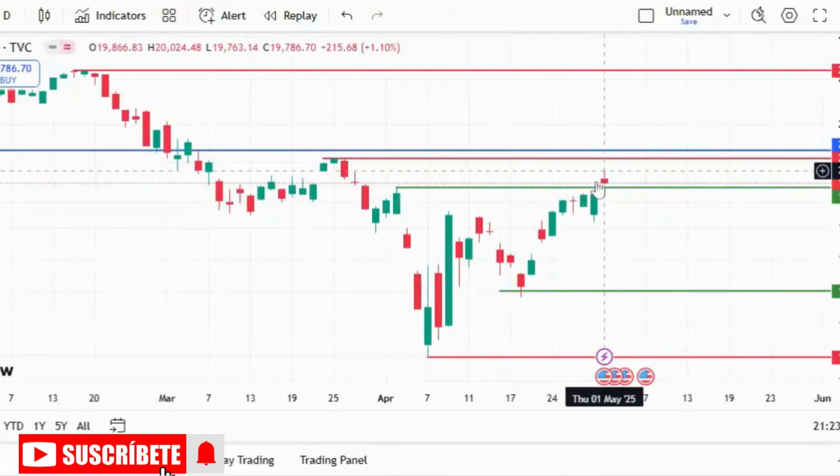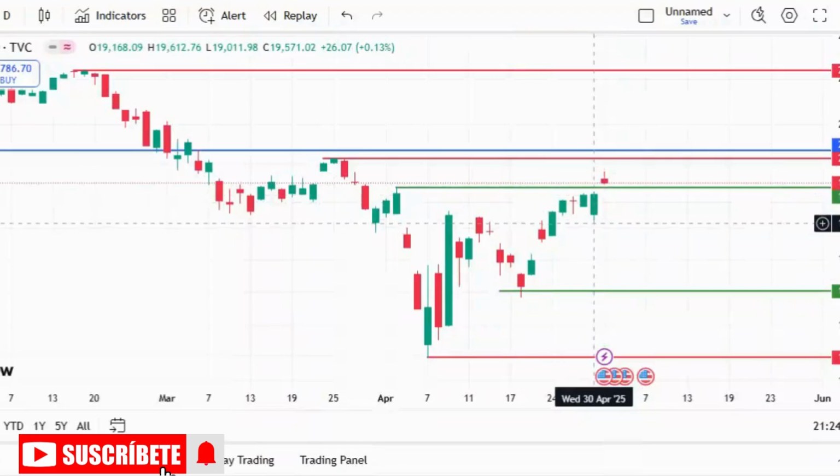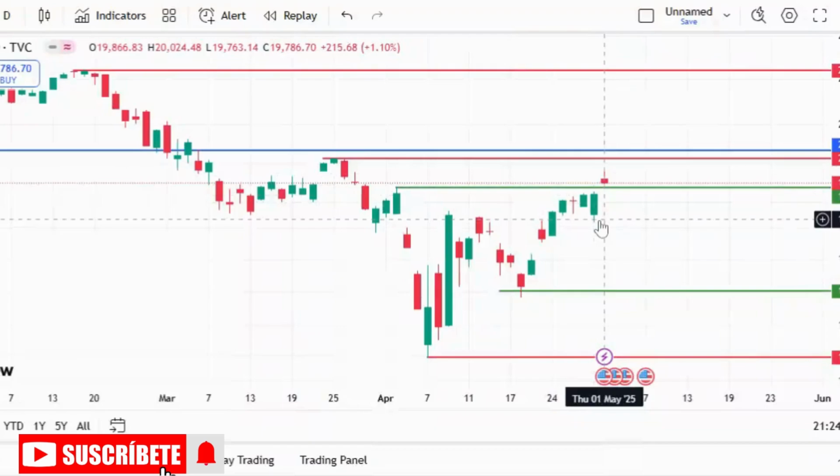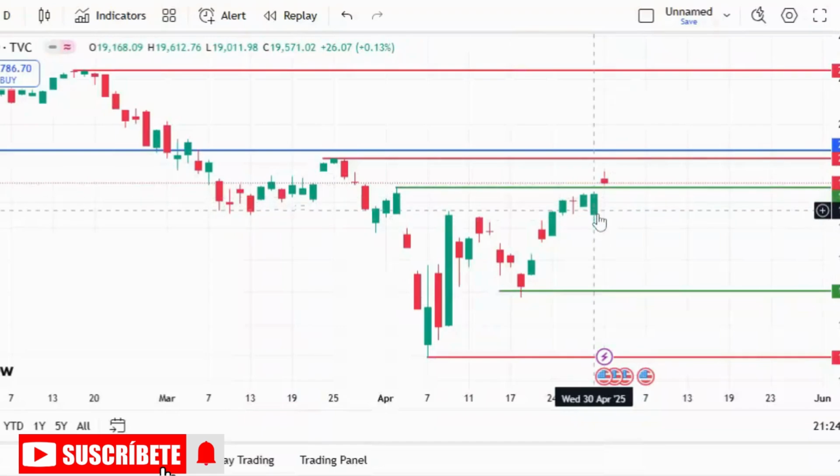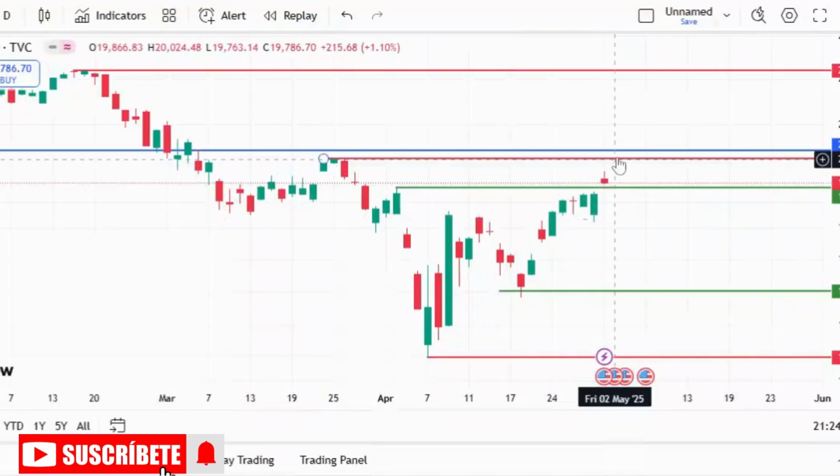You can see that price has broken daily resistance. So what we will expect is that when price breaks daily resistance, we want a retracement to a demand area, or a support, where price respects the support area and gives us a breakout, and then we are buying. But if price is not respecting the support, we are expecting price to respect a demand and then start buying to the top side.